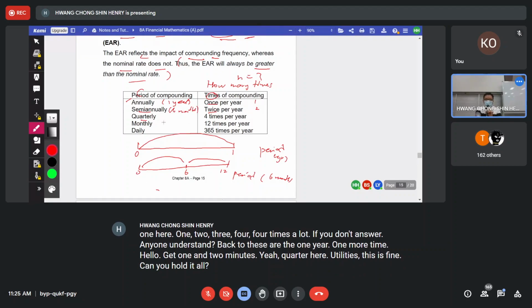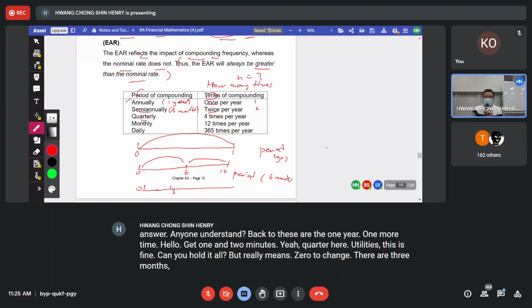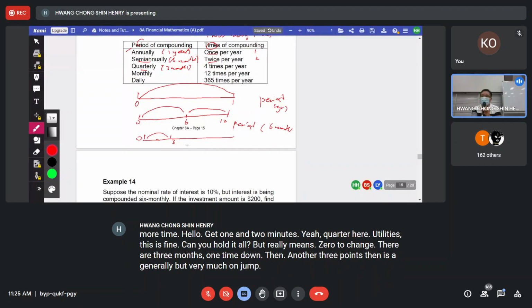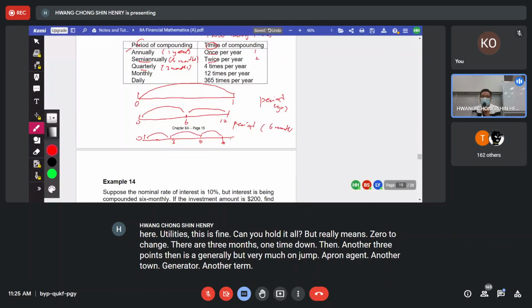Quarterly means 0 to 3. 3 months, 1 time jump. Then another 3 months, that means January, February, March, 1 jump. April, May, June, another jump. July, August, September, another jump. October, November, December, another jump. So 1 year, how many times? 4 times. So times 4.